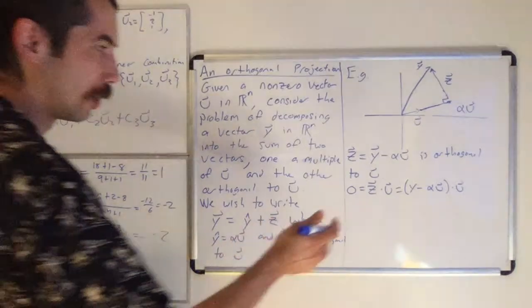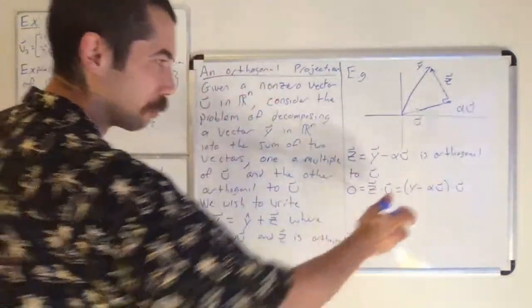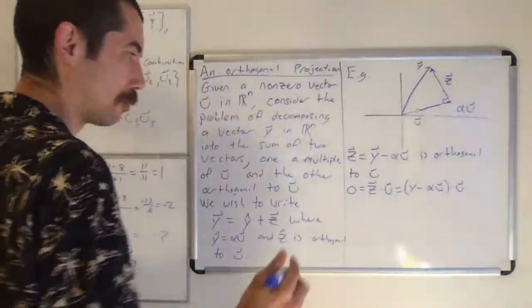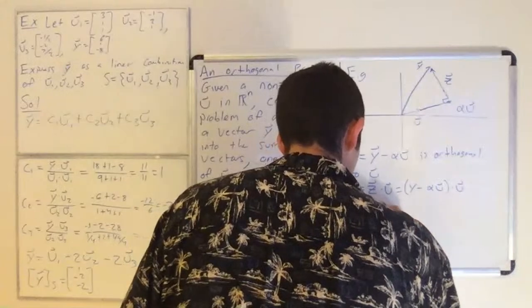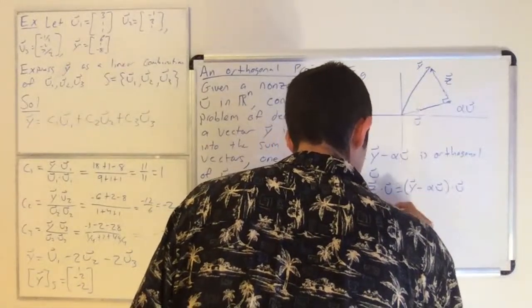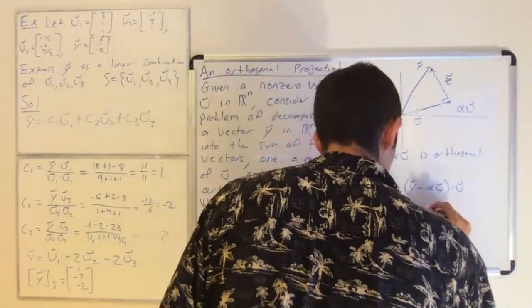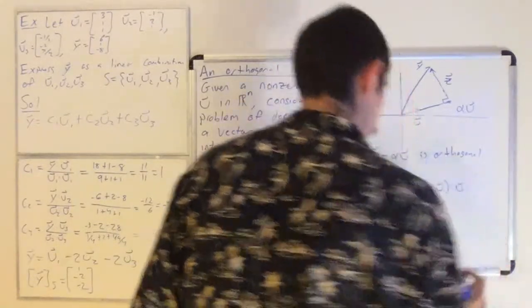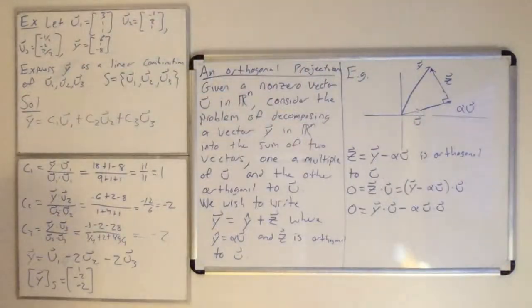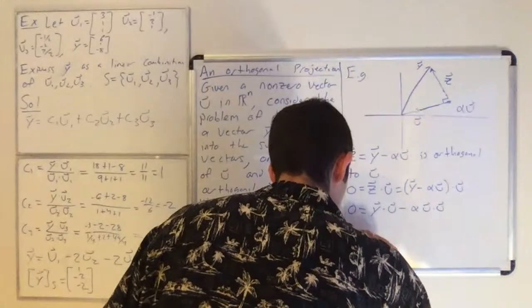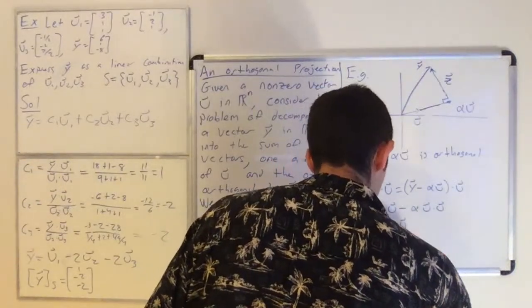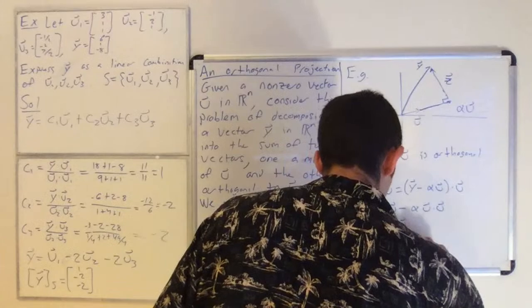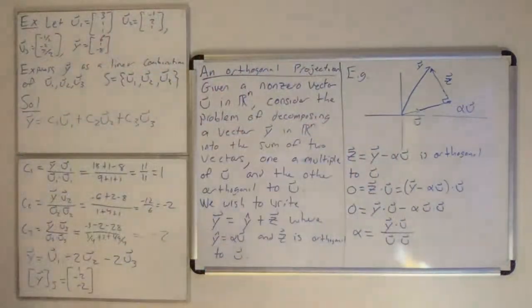And now our goal is to solve for alpha here. So let's distribute this dot product through. So 0 is equal to y dot u minus alpha u dot u. And so we can solve for alpha. Alpha is equal to y dot u over u dot u.